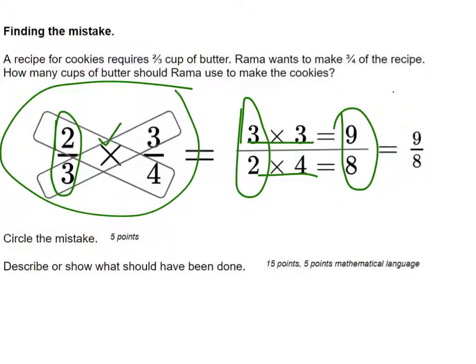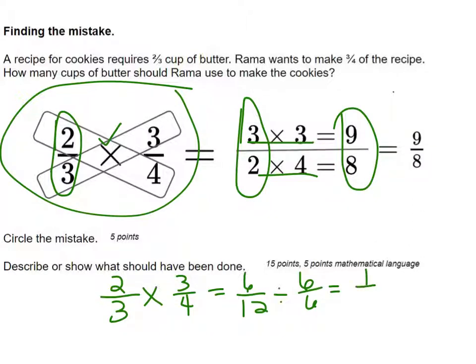Now, it says describe or show what you should have done. So what they should have done, all you had to do was 2 over 3 times 3 over 4. And most of you said you need to multiply straight across, and basically that's what you do. So 2 times 3 is 6. 3 times 4 is 12. When I simplify it, I'm going to divide it by 6, so this becomes 1/2.